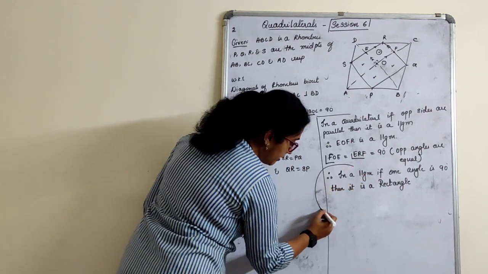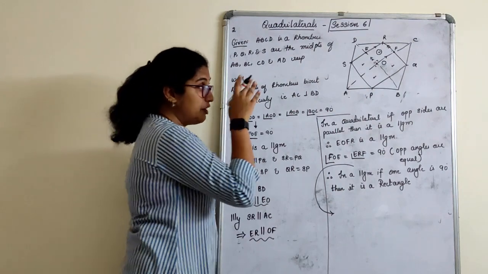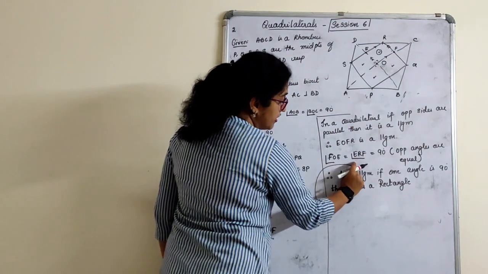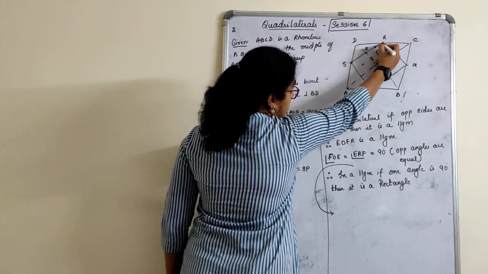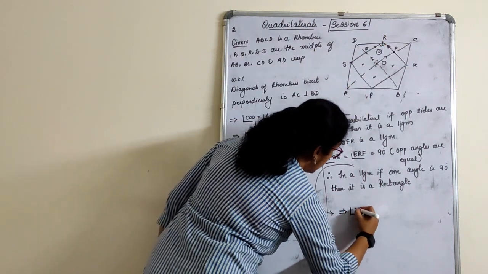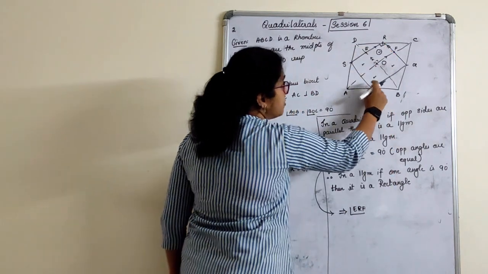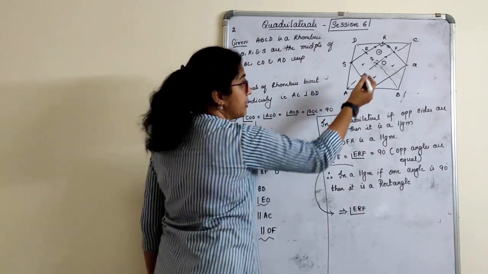One more step will come here. I completely forgot. PQRS should be a rectangle, not only that part here. After this, there is one more step. Now this angle is 90. This implies angle ERF is equal to this because PQRS is a parallelogram.